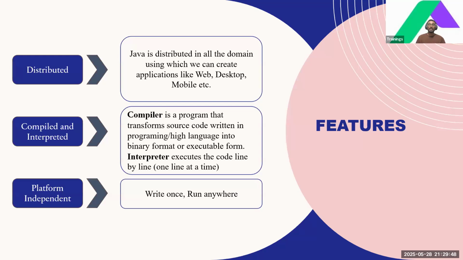So compiled and interpreted means what? In which language will we be writing the code, guys? Java is a high level language, so we'll be writing the code in a high level language, correct?